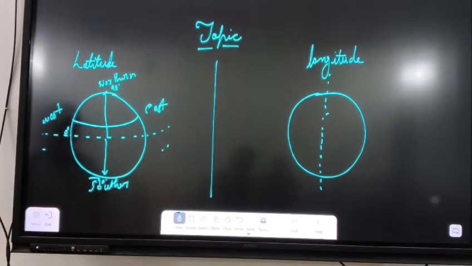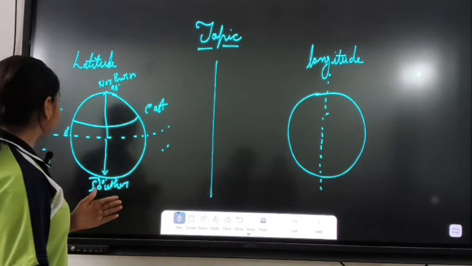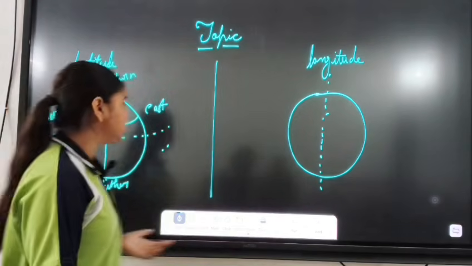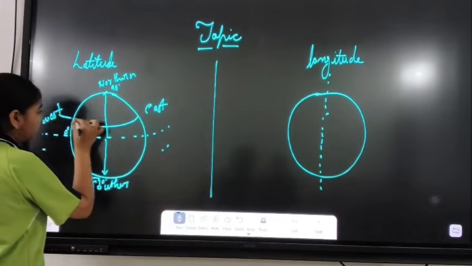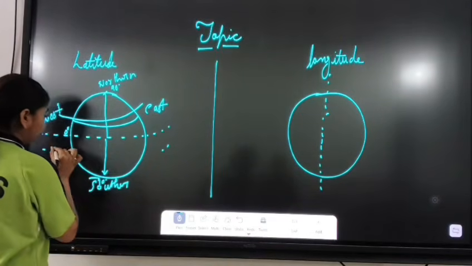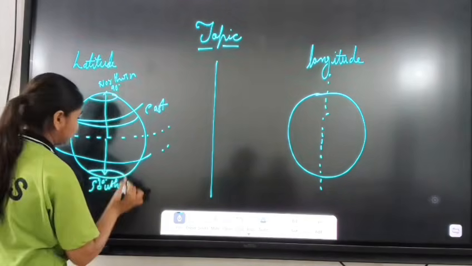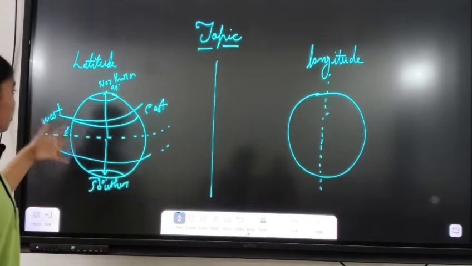Now, other than latitude and equator, we have some more important latitudes, that is the Tropic of Cancer, Tropic of Capricorn, Arctic Circle, and Antarctic Circle. So what does all this mean?